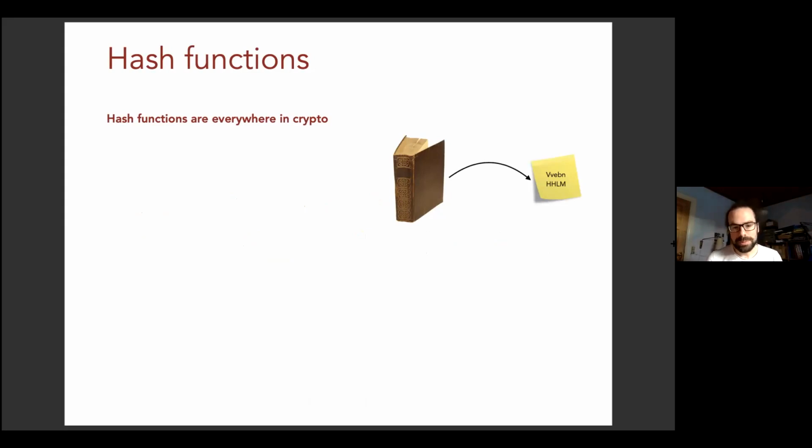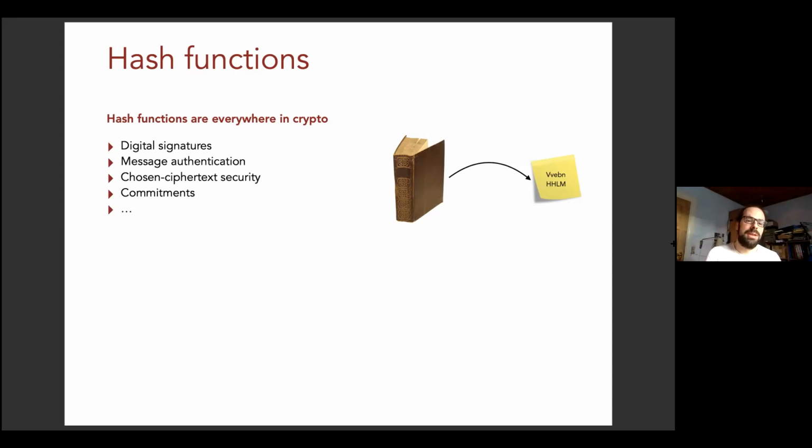This very simple principle has a number of applications in cryptography, for example, including digital signature schemes and message authentication codes, but also for achieving strong security for public key encryption, for commitment schemes, etc. So hash functions are really literally everywhere in cryptography, at least if the settings are sufficiently complicated.